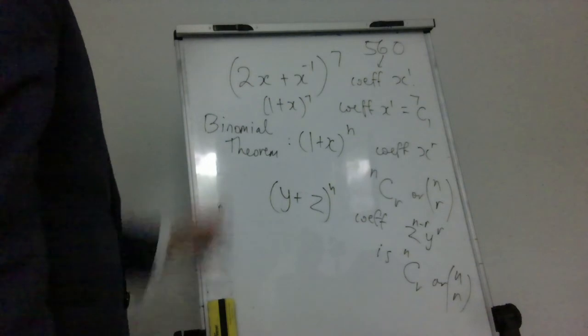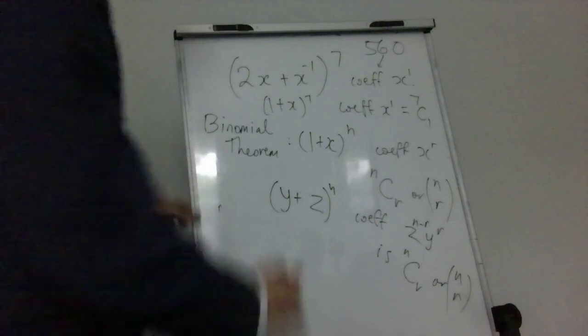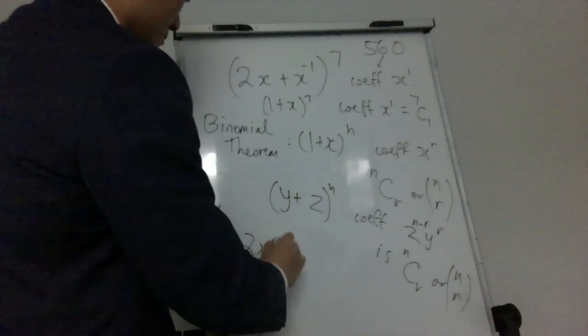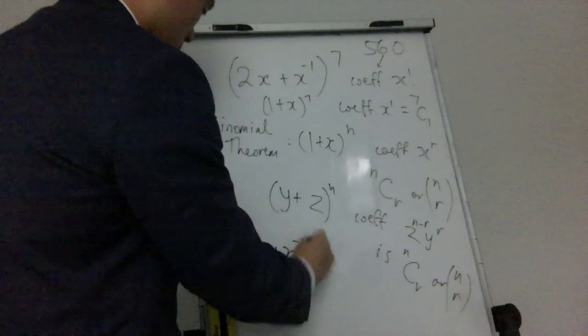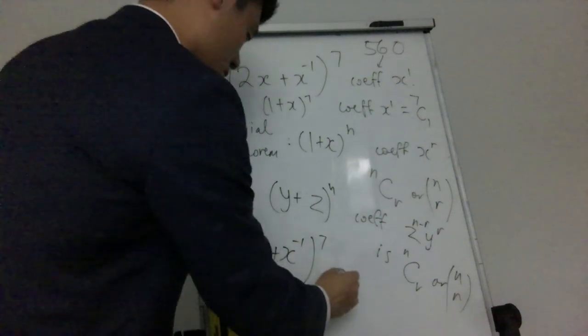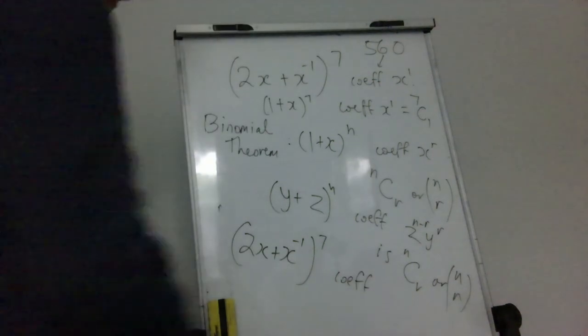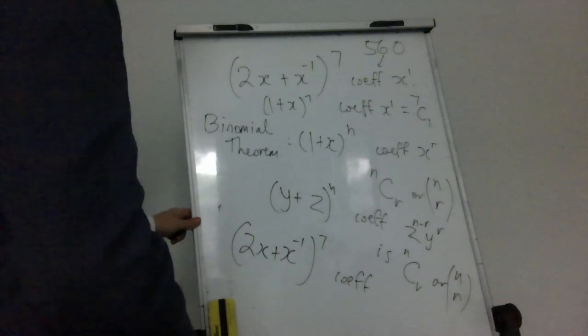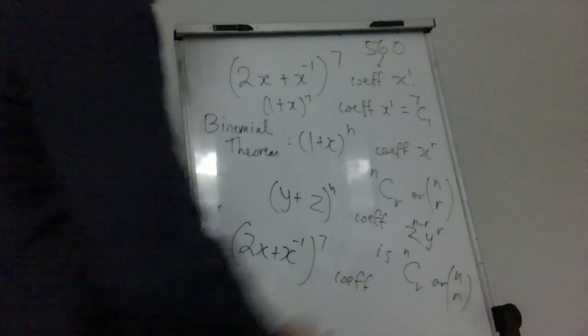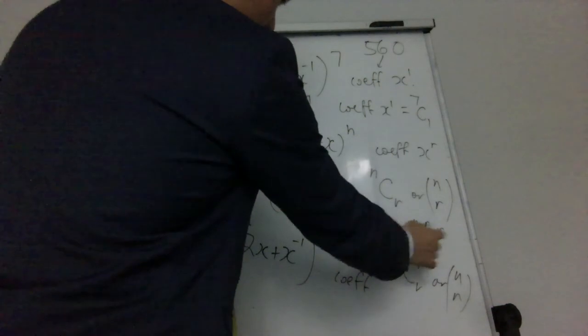Yeah. So let me apply this theorem, and then let's do it more from basic principles, because that might be easier too. If I apply this theorem to the power of 7, I'd be looking at the coefficient of... for example, the relationship between the terms: the powers have to add up to 7.